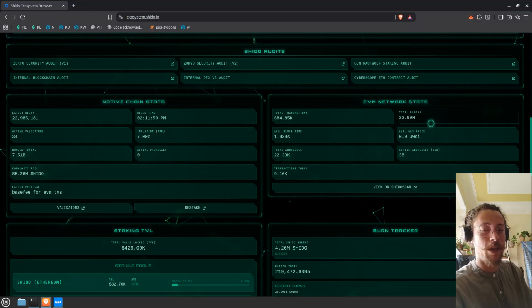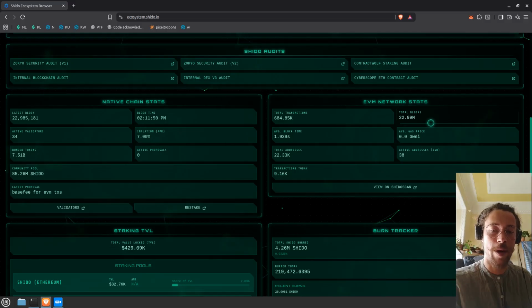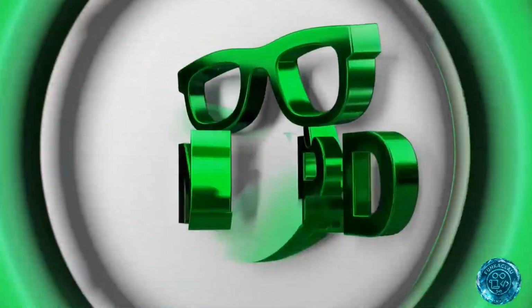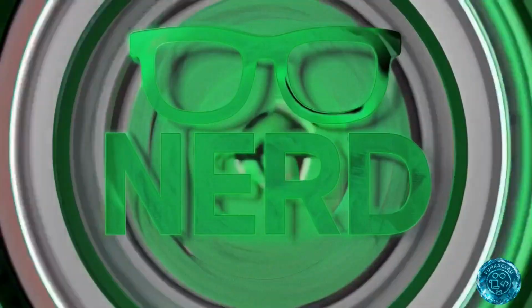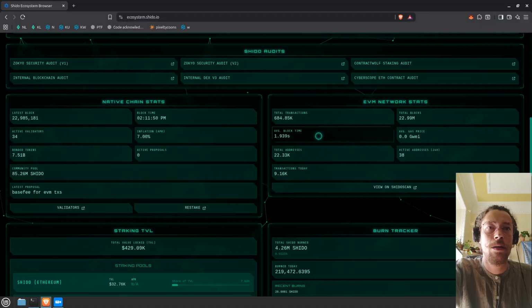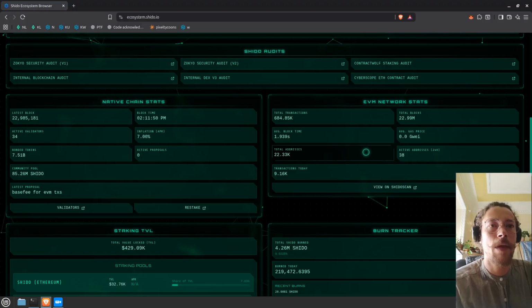Almost 23 million blocks and zero downtime, which is remarkable and very rare in the crypto space. Average block time stands currently at almost 2 seconds, a little bit less than that. Could be lower, I think so.